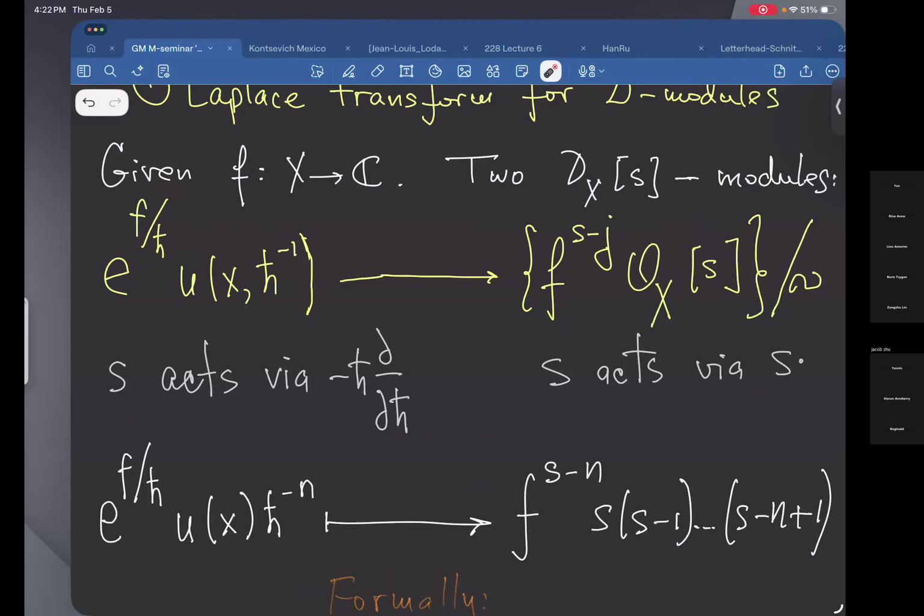Because in the presence of a function, I can construct 2 D modules. This is one, and this is another. And this is a morphism of the modules between the two. Same f, yeah.